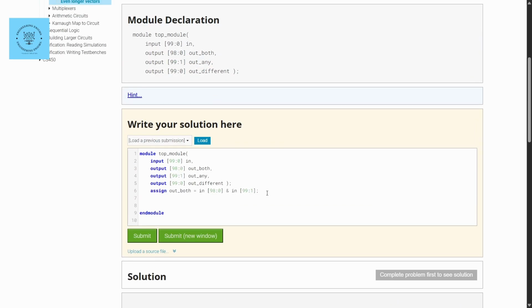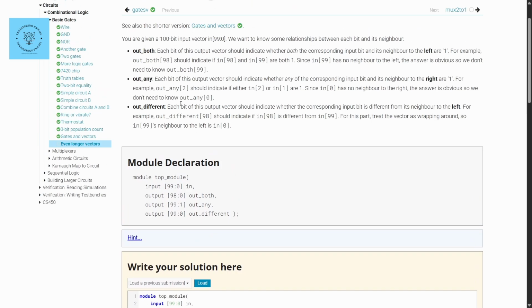So let's go for the assign of out of any. Here also the same, in of 99 is to 1, or operation in of 98 is to 0. So what was last time?